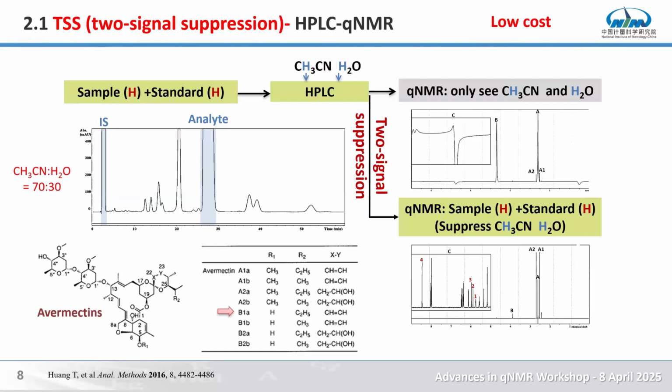You can see from the right side, without the signal suppression, only 2 solvent peaks of water and acetonitrile were detected by basic proton NMR test, and after applying 2-signal suppression method, signals from the analyte were detected clearly.